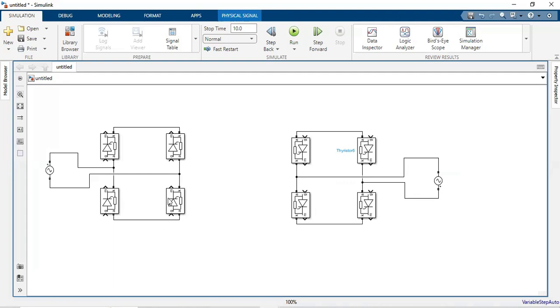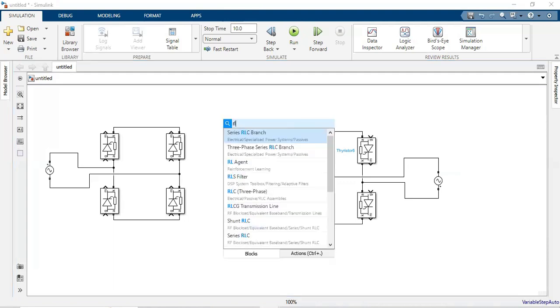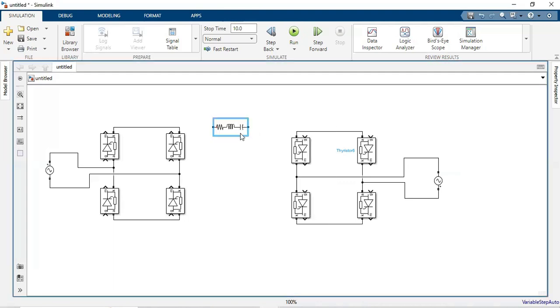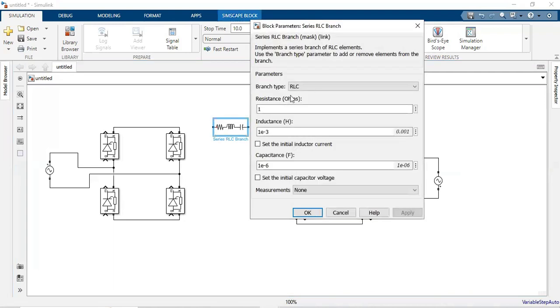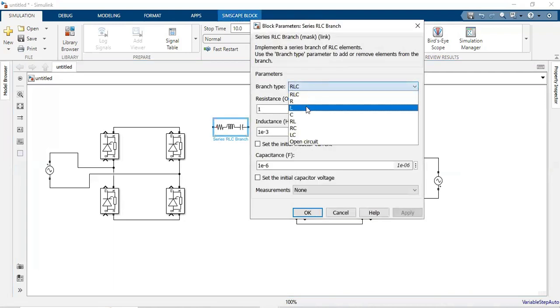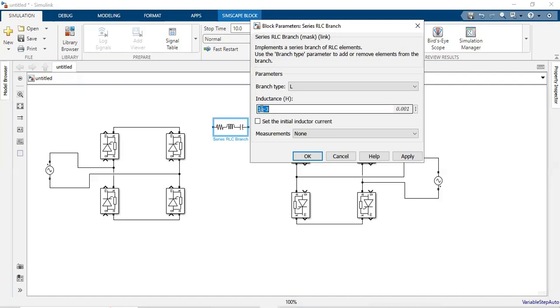And in between the two converters, we need to have the reactor. So let us have the RLC series branch and choose only L, and let the inductance be 20 millihenry.